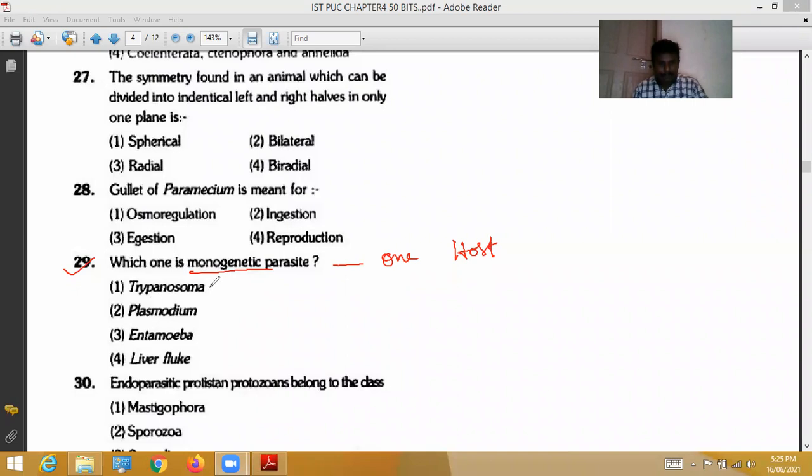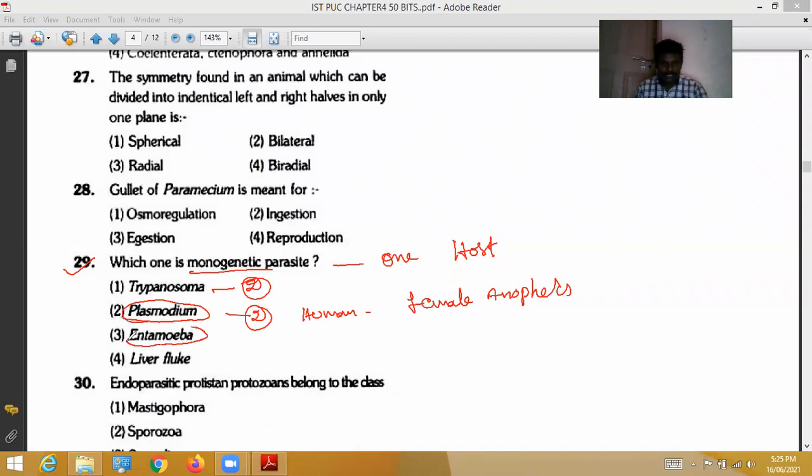See, Trypanosoma gambiense can finish its life cycle in two hosts: one is the human being, another one is the tsetse fly. Plasmodium can finish its life cycle in two hosts: one is the human, another one is the female Anopheles mosquito.